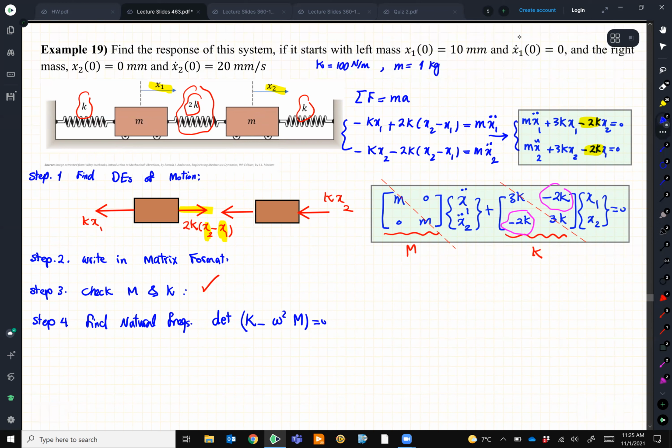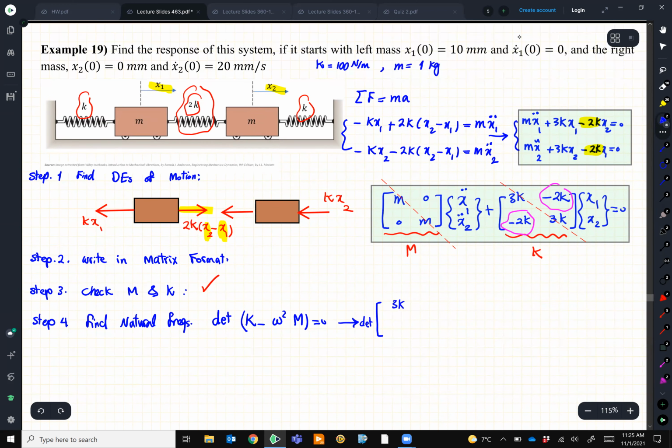So rather than just having the square root of K over M, now we have an equation. That's easy to find. This is going to be the determinant of 3K minus M omega squared, 2K, 2K, 3K minus M omega squared, equal to 0.